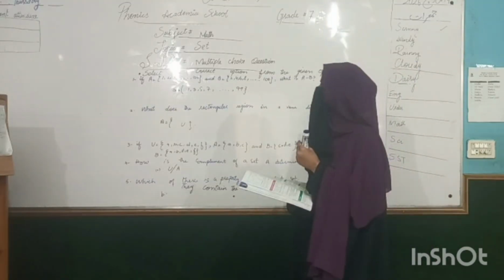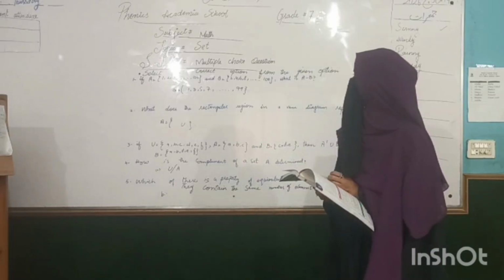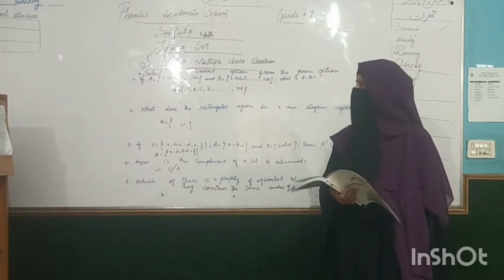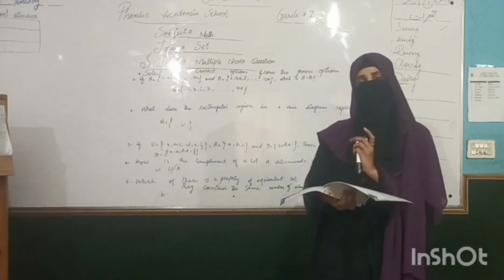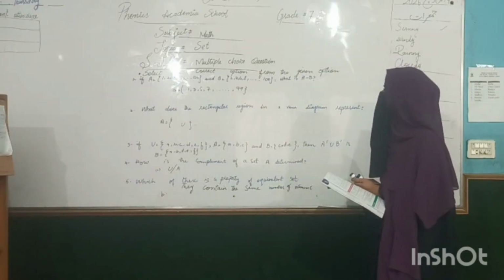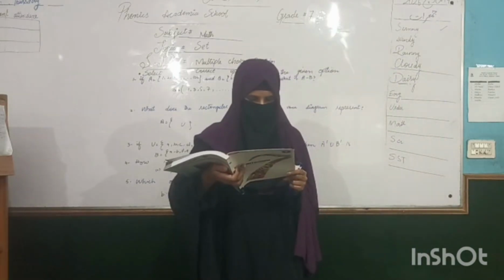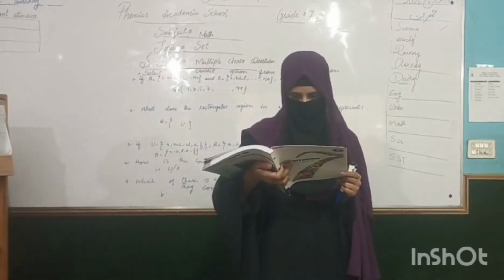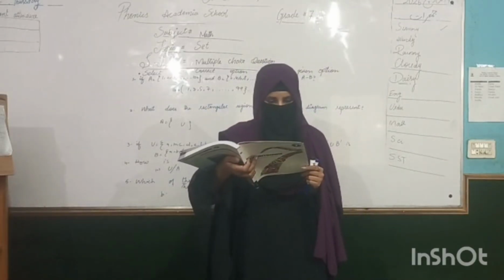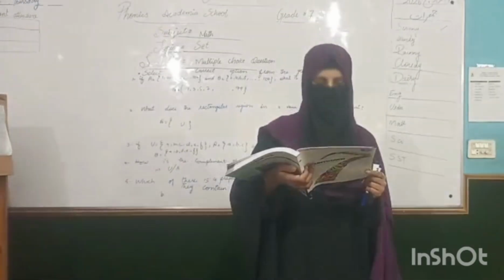You see that the sequence of B is even numbers. But set A is equal to 1, 2, 3, 4, 5, 6, 7, and continue to 100. They ask, what is A minus B? The options are: A is equal to 1, 3, 5, 7, continue to 99. C is equal to 2, 4, 6, 8, continue to 100. B is equal to 1, 2, 3, 4, continue to 100, and D is equal to the empty set.